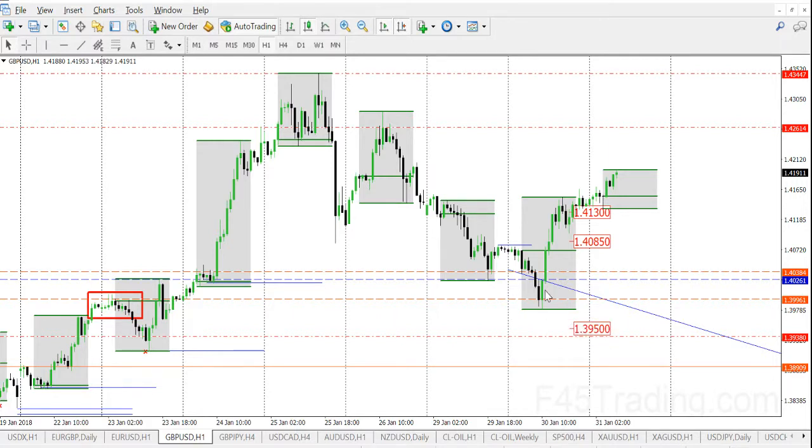But going forward on this pair, I had mentioned that I was interested more so in the Euro USD, just because of all of the news events that were coming up. I just want to look and see when the first news event for the day is coming out. Euro, we've got some medium impact news coming out in about half an hour, so we could see the euros start moving.